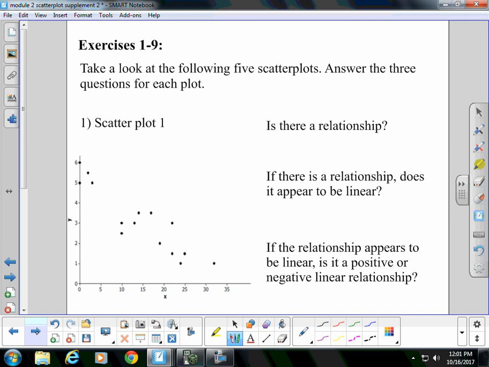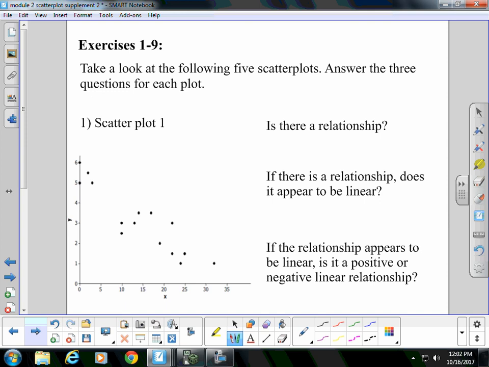Okay, in the next several exercises, we're going to look at the scatter plots, and we're going to answer 3 questions for each plot. For this first one, it says, is there a relationship? If there is a relationship, does it appear to be linear? And if the relationship appears to be linear, is it positive or negative?